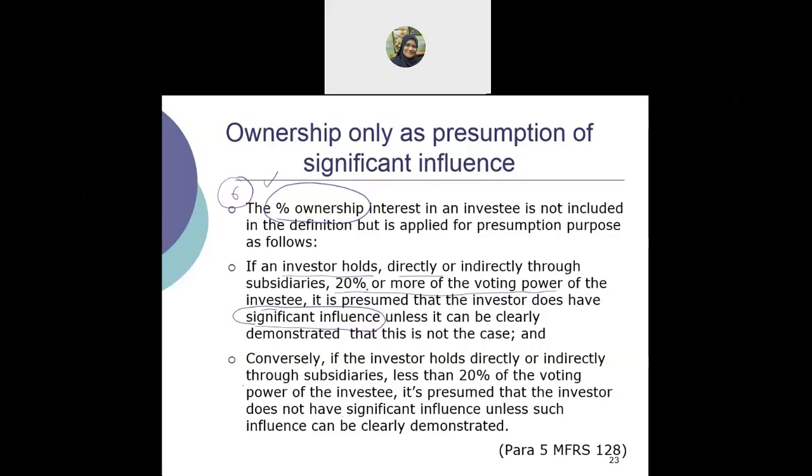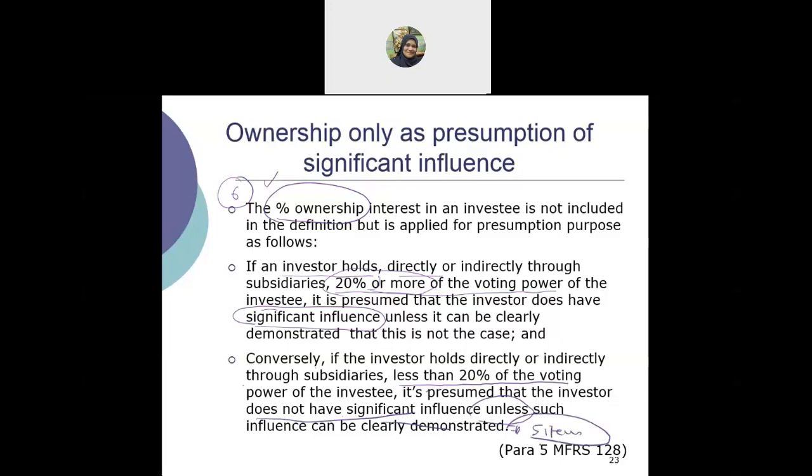So normally we use the guideline that 20% or more is considered a significant influence. Conversely, if the investor holds directly or indirectly less than 20% of the voting power of the investee, it is assumed that the investor does not have a significant influence, unless the influence can be clearly demonstrated, maybe with another 5 items that we mentioned previously.